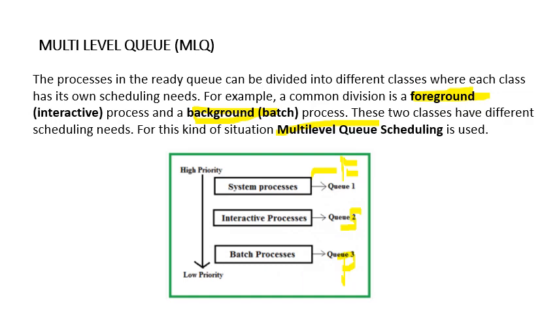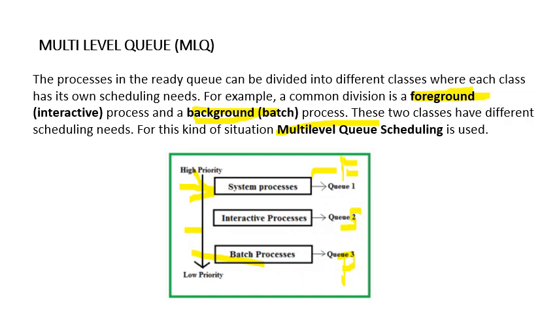Suppose there are 100 processes in the system process queue, 2 in the interactive queue, and 3 in the batch queue. Until the 100 processes execute, it won't come to the interactive processes, so those 2 processes must wait. Until the 100 plus 2 processes complete, batch process execution will not start. So these processes will be in starvation.